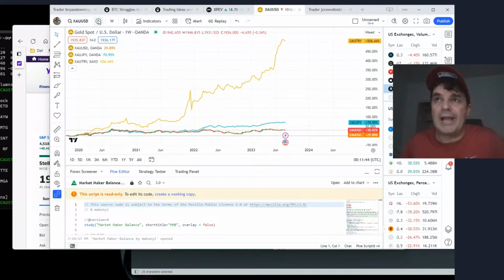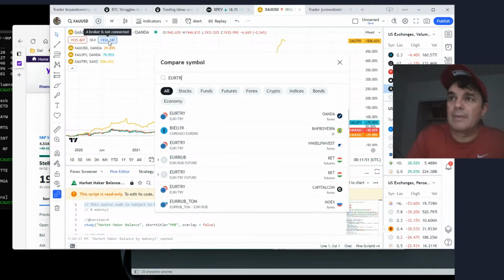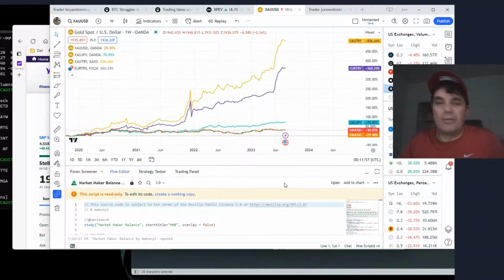Another one to look at when it comes to the lira is the euro Turkish lira currencies. So there you go, 360% return, and no sign of crashing. Your YouTube gold bugs won't tell you this trade.